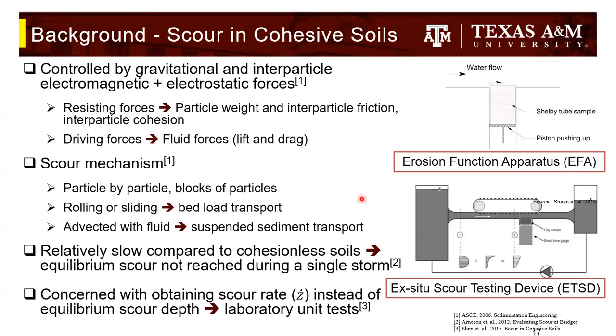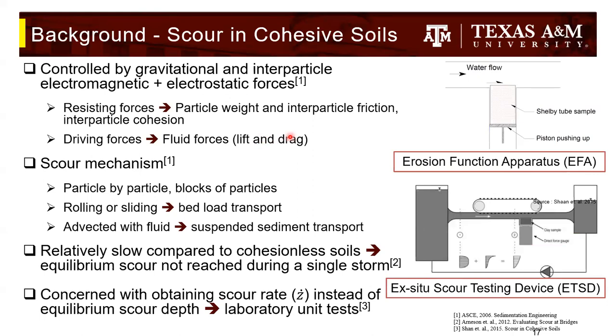Now, moving to the cohesive soil. Our coastal soil can be cohesionless, cohesive, or a mix of cohesionless silty soils. Currently we are only distinguishing between the two major types, the cohesionless and the cohesive soil. In the case of cohesive soil, we have an additional component, which is the interparticular cohesion, mostly coming from electromagnetic and electrostatic forces.